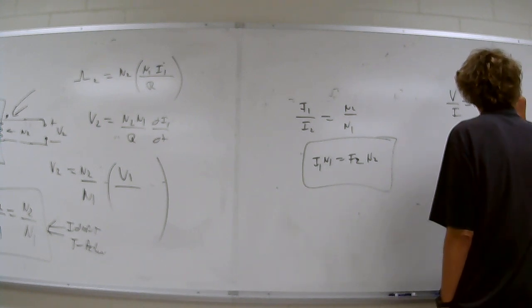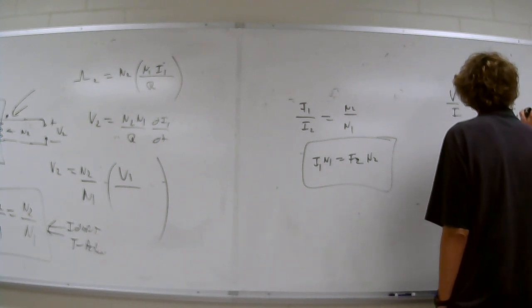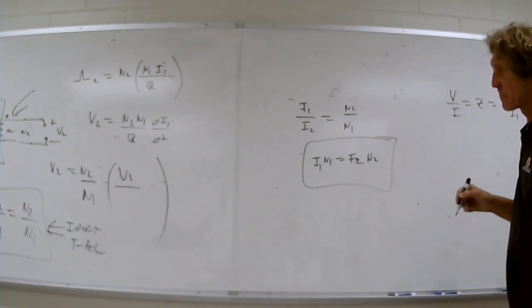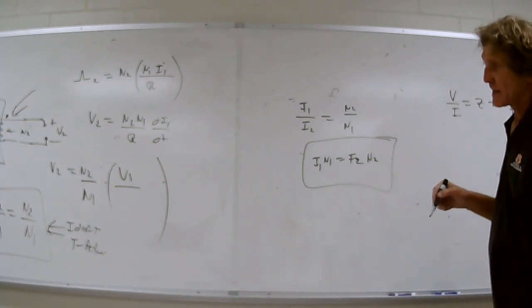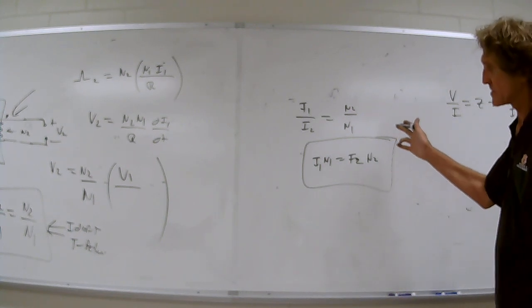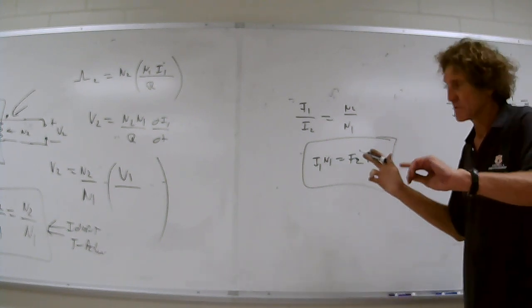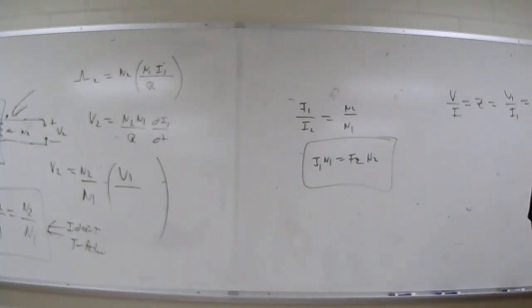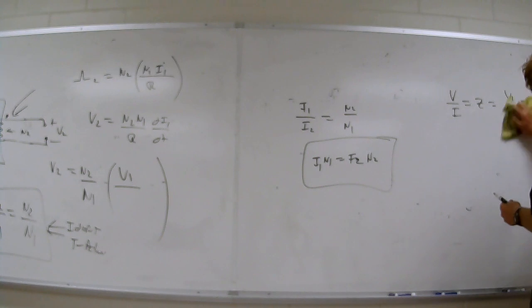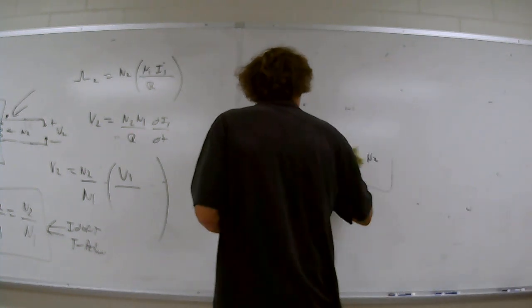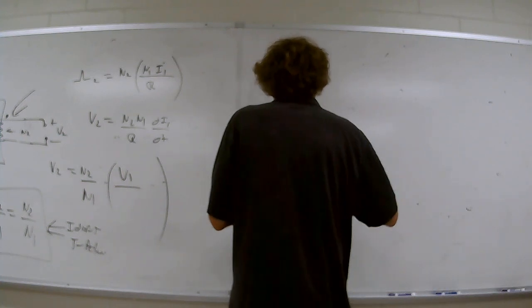I can say V1 over I1. Well, V1 over I1, I can go here, and I can say that, well, I'll tell you what, let me stop here and let me do that exercise before I go down this route too far. I'll talk more about this next time, and then we'll get into the complete set of Maxwell's equations.